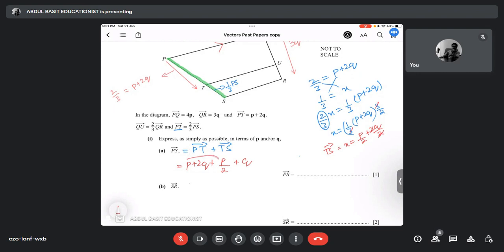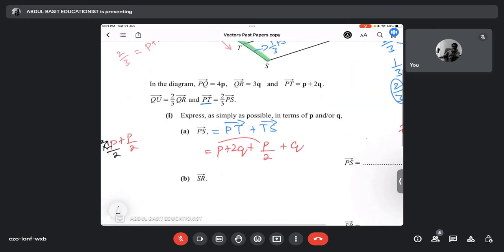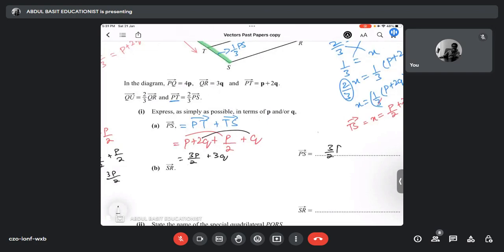So p plus p/2, आपको पता होना चाहिए कि फ्रैक्शंस को ऐड कैसे करते हैं। सो डिनोमिनेटर को सेम करते हैं, तो याद रखें ये 1 है और ये 1/2 है, तो ये होगा 3/2, ठीक है? 1.5 आएगा तो ये आएगा 3/2। अगर आपको नहीं आता तो डिनोमिनेटर को सेम कर लें, तो इसको 2 से मल्टीप्लाई करना पड़ेगा ऊपर भी और नीचे भी, तो ये हो जाएगा 2p divided by 2 plus p divided by 2, so that would be 3p divided by 2, and we know that 2q plus q is equal to 3q, so that is our answer. So 3/2 p plus 3q। समझ आ गई बेटा सबको?